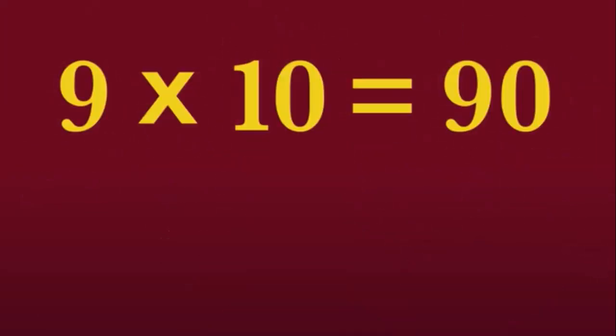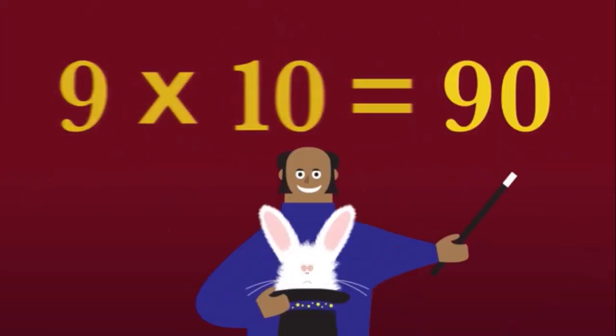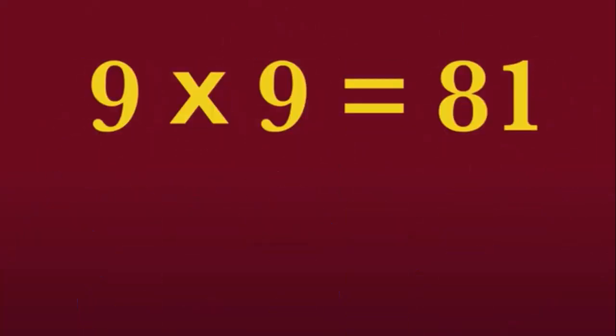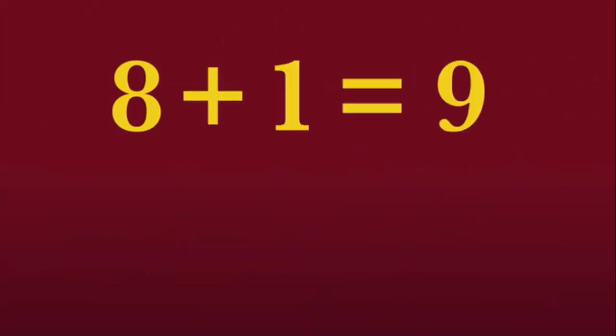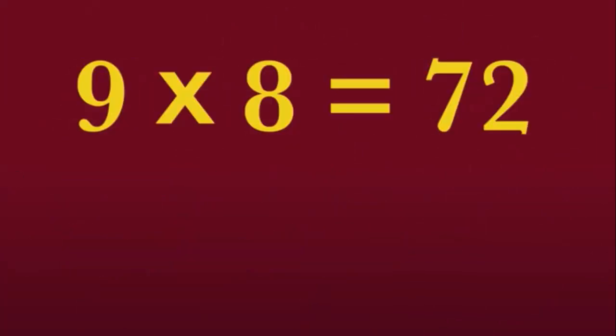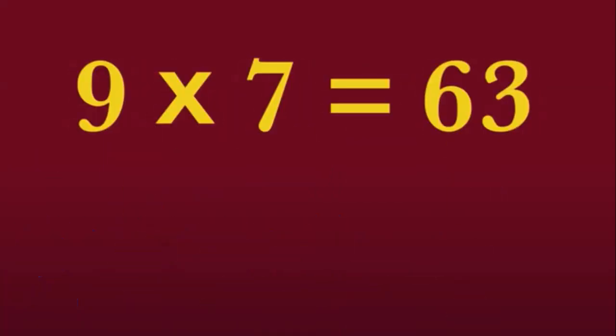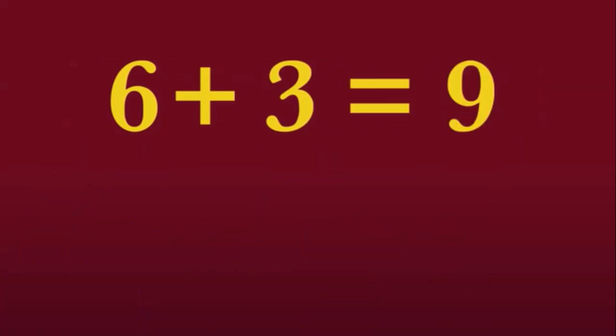Check it out. 9 times 10 is 90. 9 plus 0 equals 9. 9 times 9 is 81. 8 plus 1 is 9. 9 times 8 is 72. 7 plus 2 is 9. 9 times 7 is 63. And 6 plus 3 is 9.